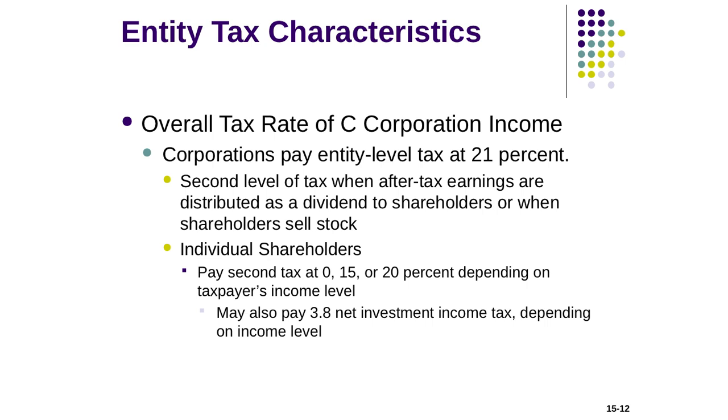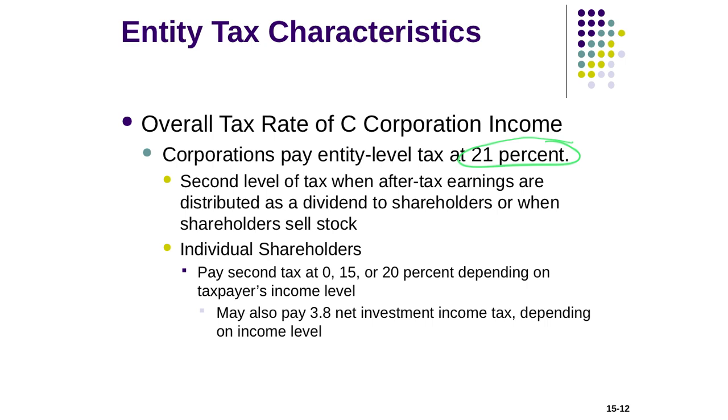Flipping over to the C corporation perspective and how that tax is calculated. Corporations will pay that entity level tax at 21%. So it's that new flat tax rate. And then here we're going to circle back to that second level of tax that the shareholders pay.